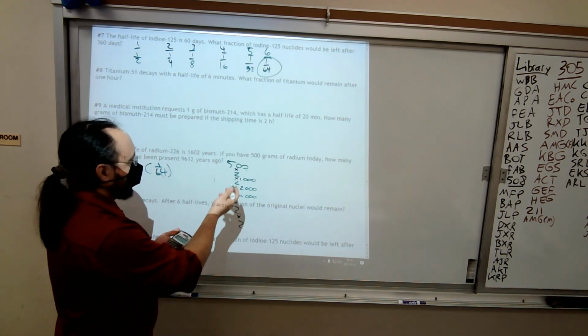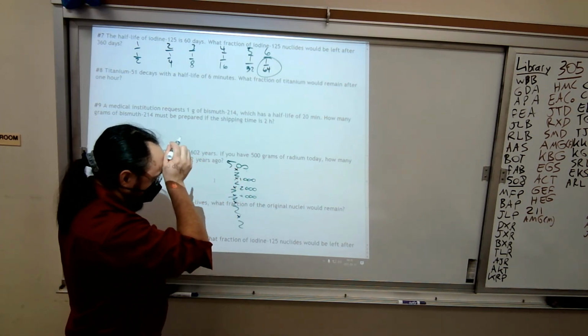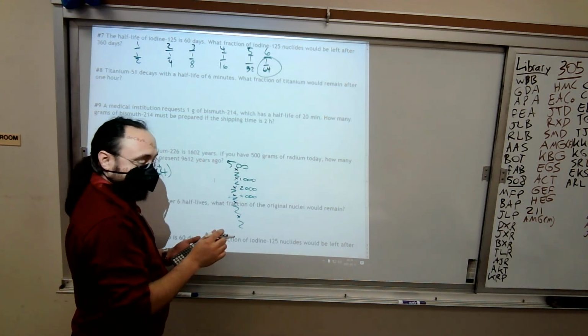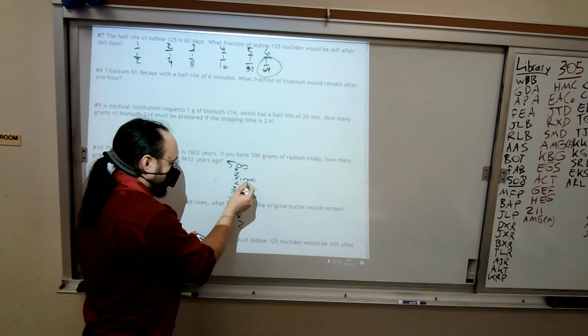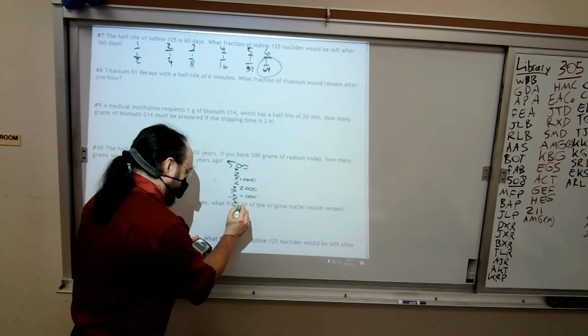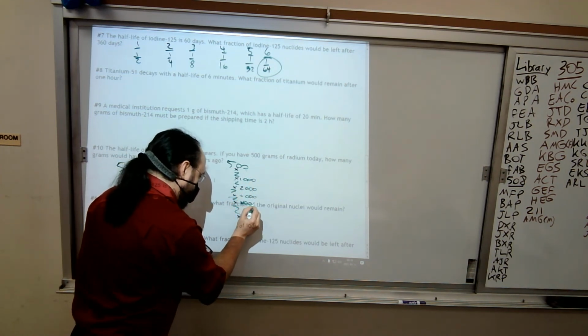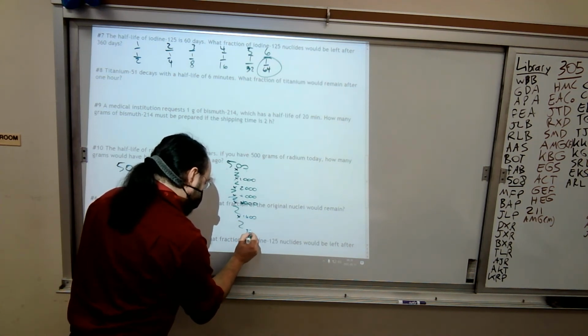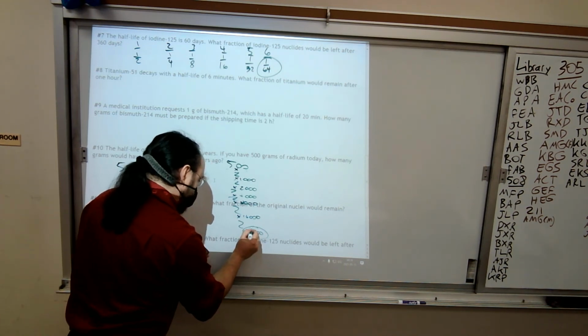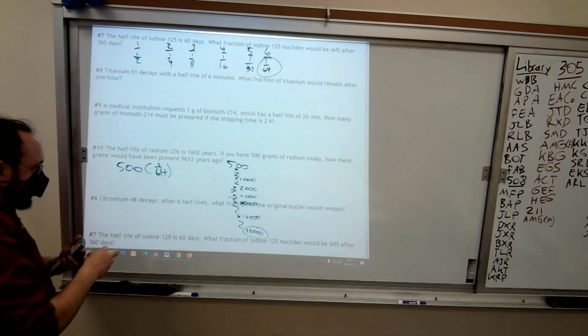Oh, I just did 500 times 2 on a calculator while I'm on video. Sad. We can do this without a calculator though. 500 times 2 is 1,000. That times 2 is 2,000, 4,000, 8,000, 16,000, and 32,000. So there you go, 32,000 grams. That's a lot.